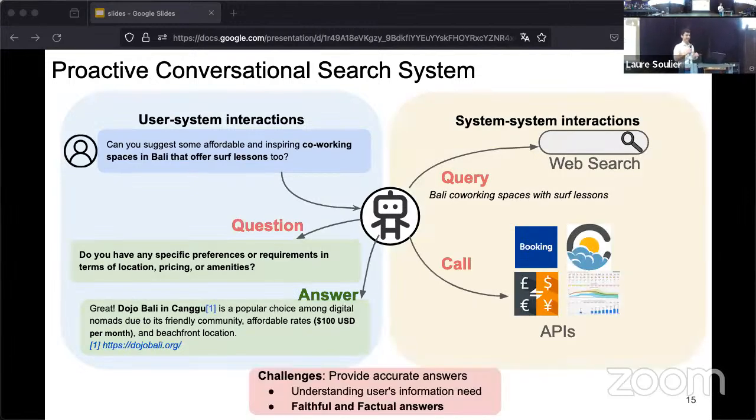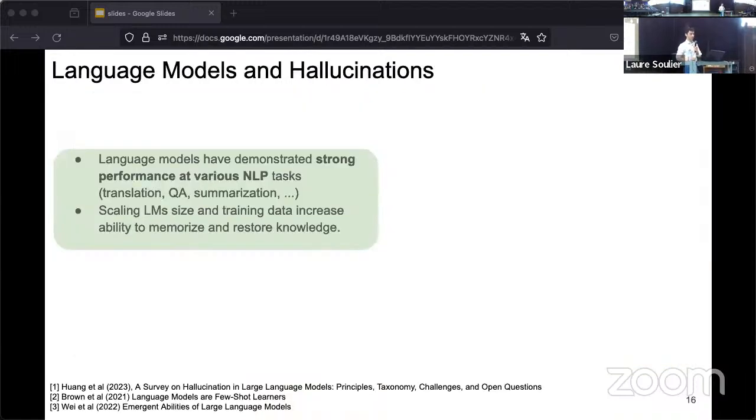So the second challenge was about generating faithful and factual answers. In the literature, there are various methods to help a model generate more faithful answers.